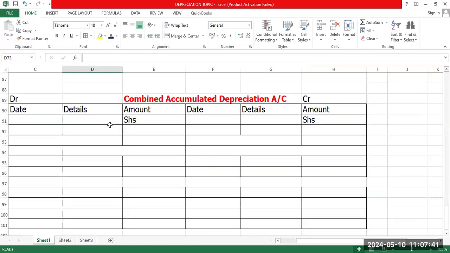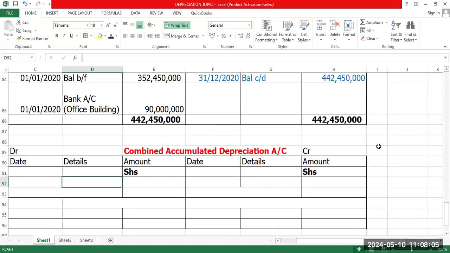So for this one, what we are going to do is talk about accumulated depreciation. This is where our depreciation statement is going to help us a lot. Remember, accumulated depreciation account increases by crediting it.